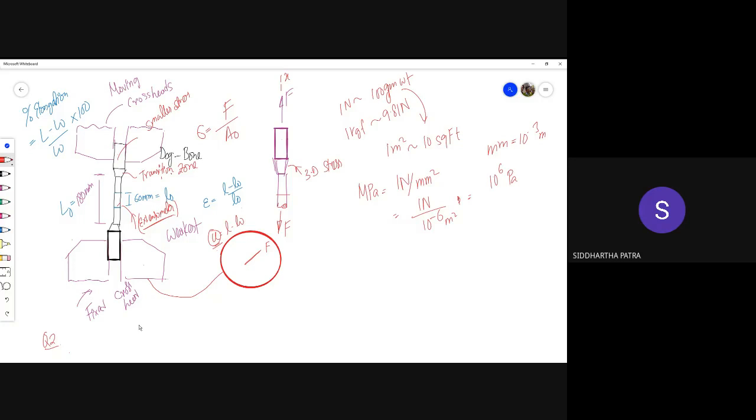The thing is, you had an entire course called strength of materials, in your diploma course, a subject called strength of materials. But most of us do not understand what is the strength of a material.